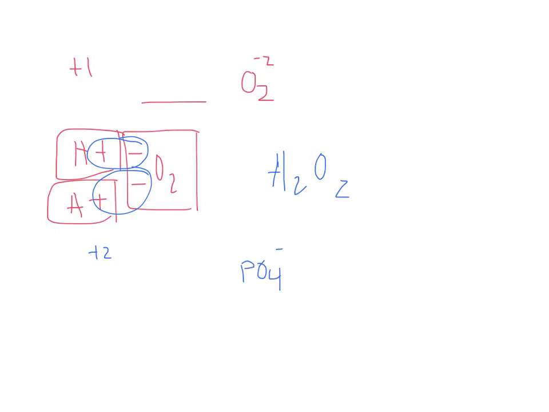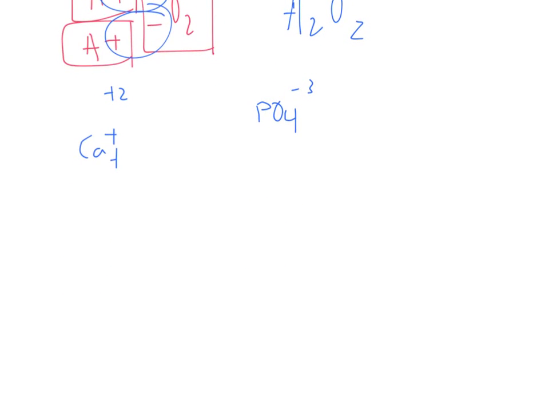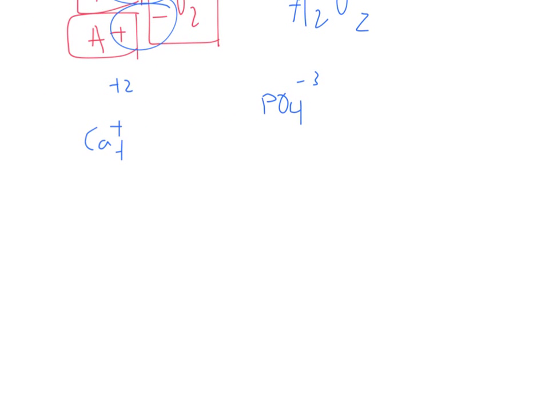Phosphate is PO4, and this is a -3 charge. This is going to be one of those messy ones where I have calcium with 2 charges to give away. I have, oops, let me get my pen back. I have the whole PO4 group will pick up 3.